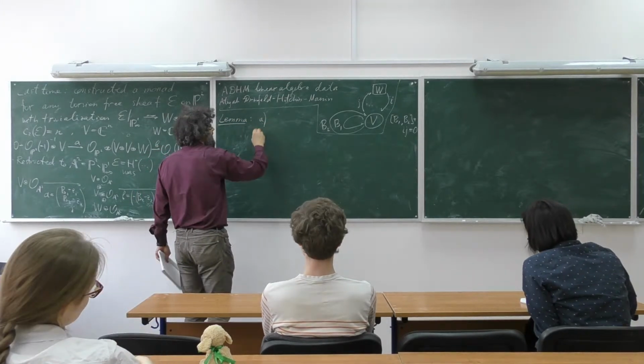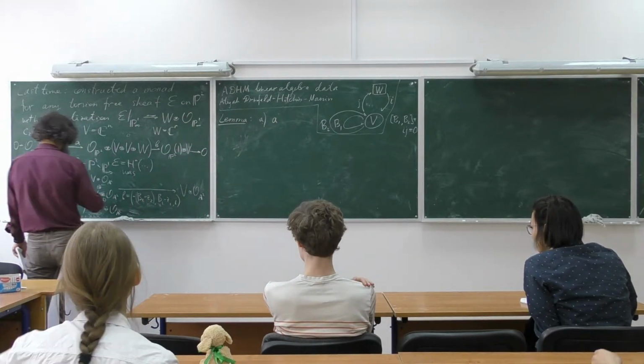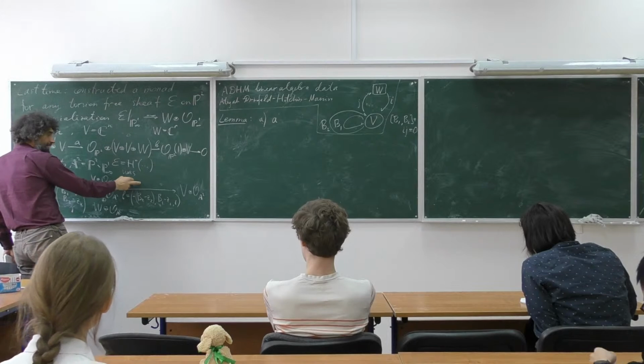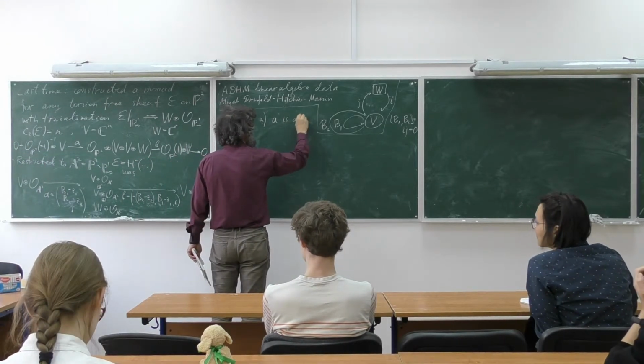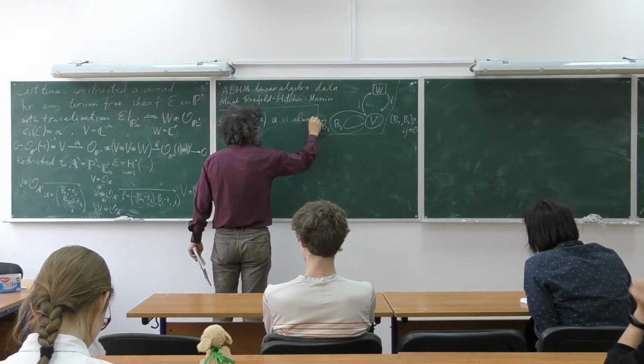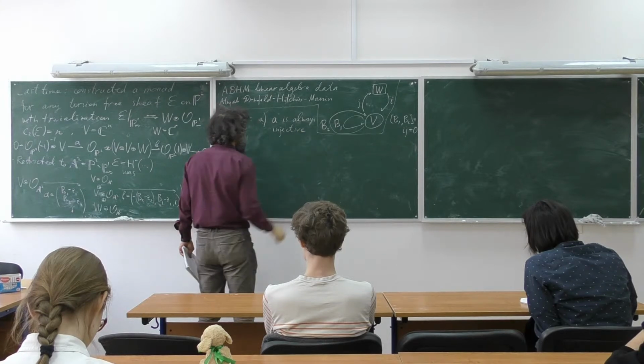That A. So we're looking at this monad, and we say that A is always injective. So we never have minus first cohomology.